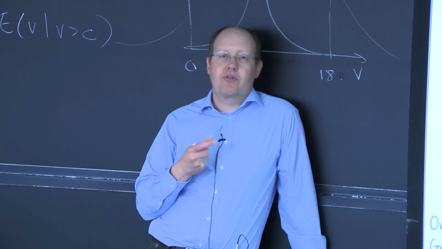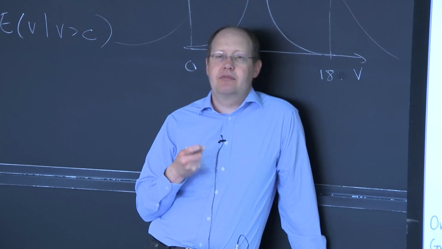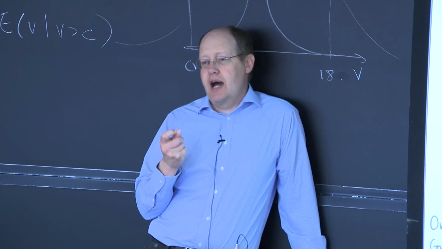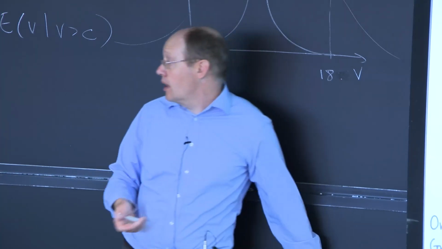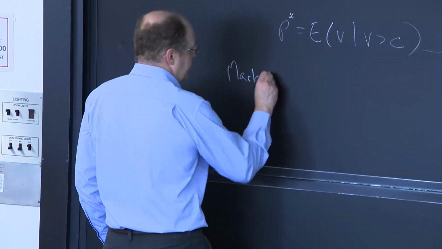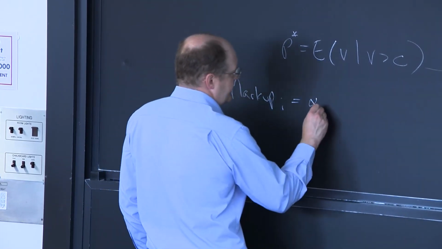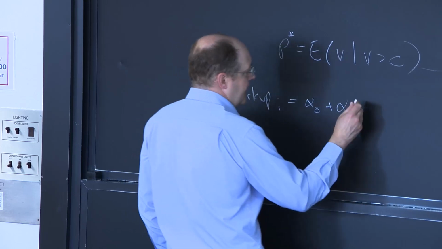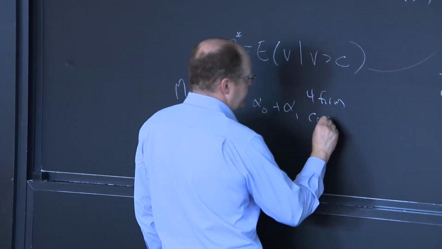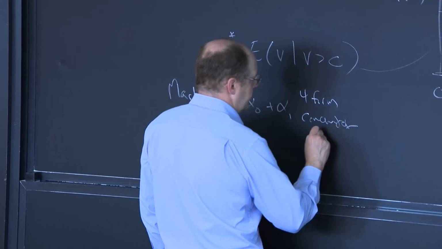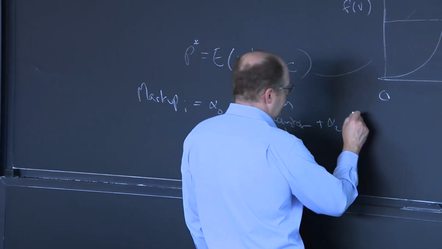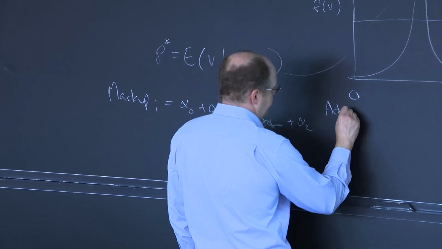People typically had a dependent variable like markups in industry i, and they would regress markup on industry characteristics. So markup in industry i is alpha naught plus alpha 1 times the 4-firm concentration ratio plus alpha 2 times the advertising to sales ratio.